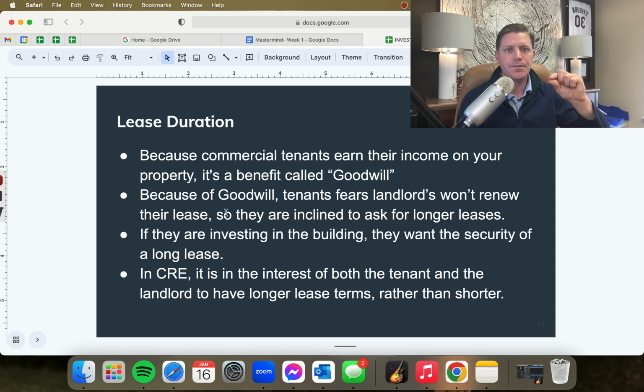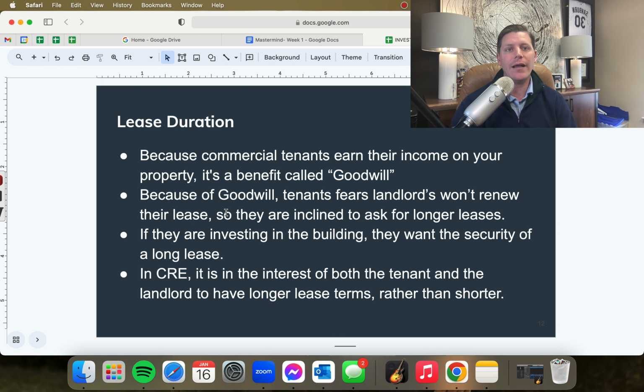When you have a long-term lease and a tenant has the ability to forecast their expenses out into the future for 60 months, maybe even longer, it allows them to become more efficient in their business. If you ran a business and you knew what your cost of goods was going to be in 5 years from now, think about that.